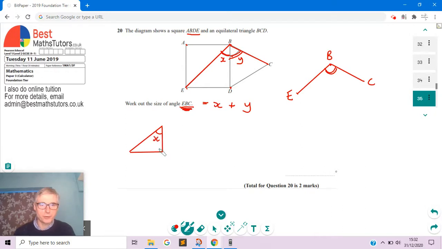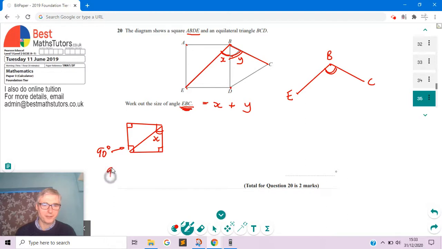Now, a square has got right angles at every corner. In fact, I'll just draw the whole thing there. So that's our square, and every corner is a right angle. Right angle is 90 degrees. But this diagonal is splitting that 90 degrees into 2.